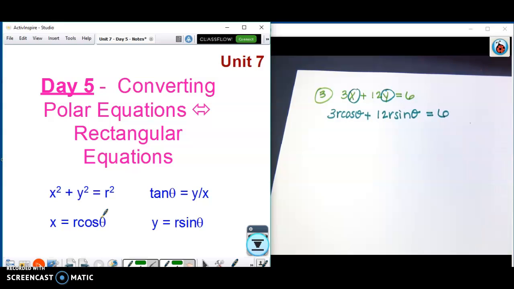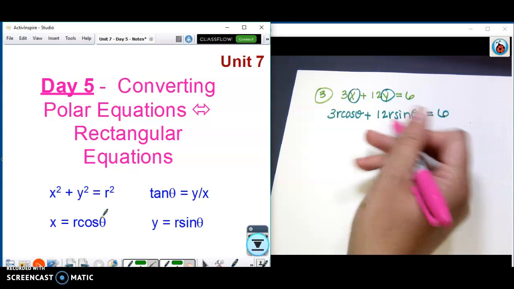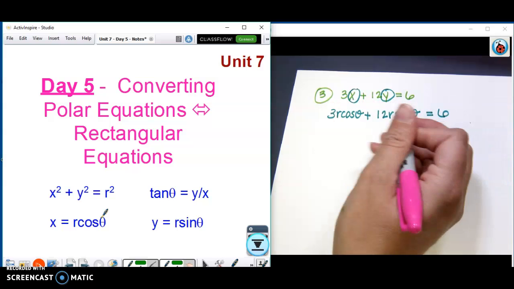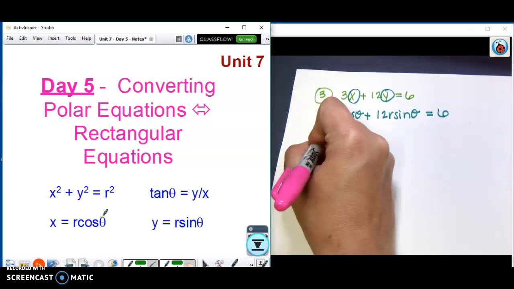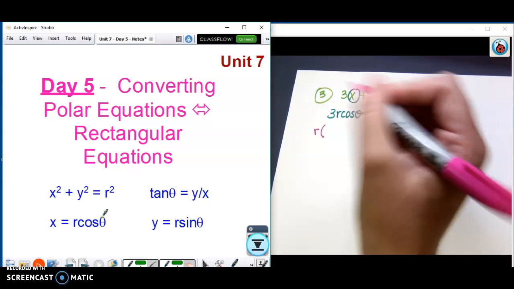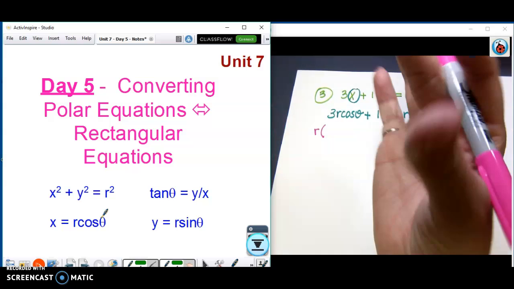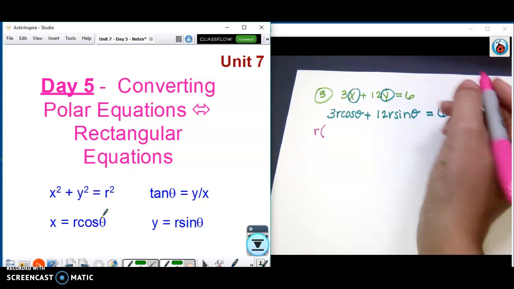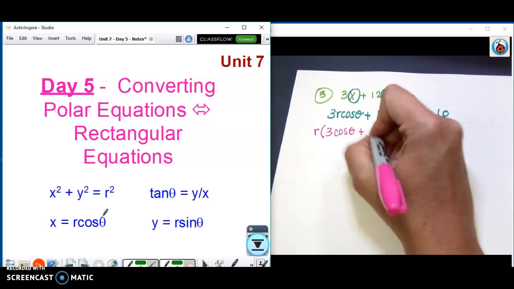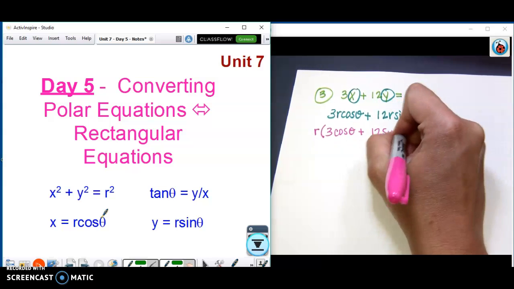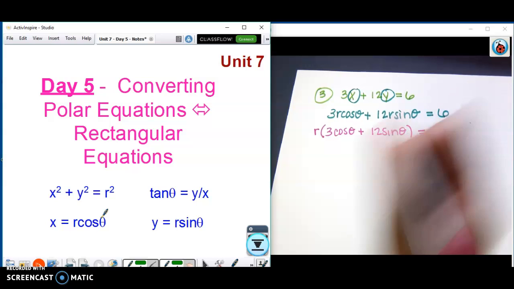The first part was the same. Second part, I'm going to think about factoring out here. So I'm going to factor out this r. You technically could factor out the GCF there, but there won't always be a GCF, so I'm just going to do the r so you'll see what you're going to do later. So we have 3 cosine theta plus 12 sine theta is equal to 6.